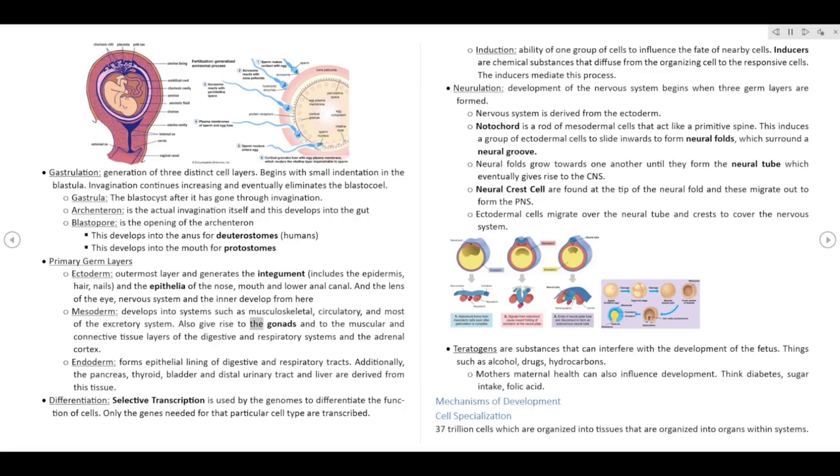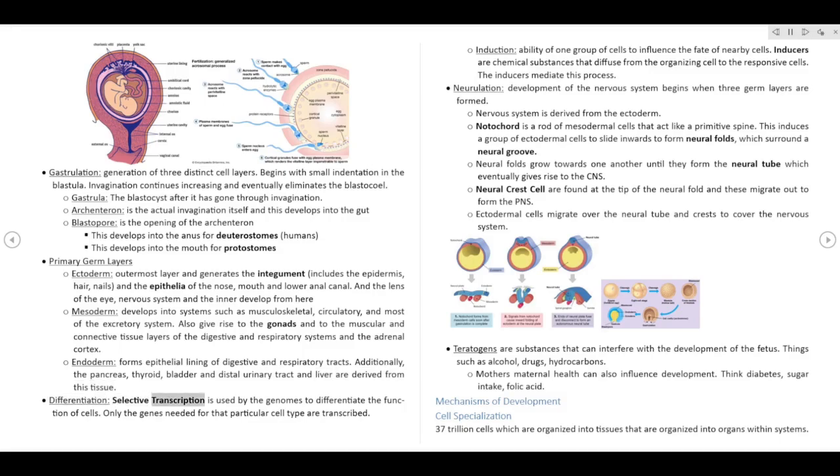It also gives rise to the gonads and to the muscular and connective tissue layers of the digestive and respiratory systems, and the adrenal cortex. Endoderm forms the epithelial lining of the digestive and respiratory tracts. Additionally, the pancreas, thyroid, bladder, distal urinary tract and liver are derived from this tissue.